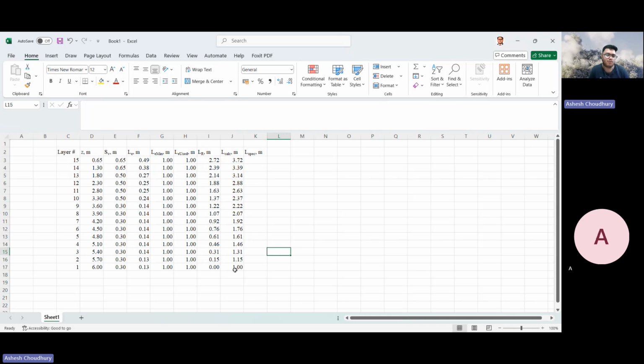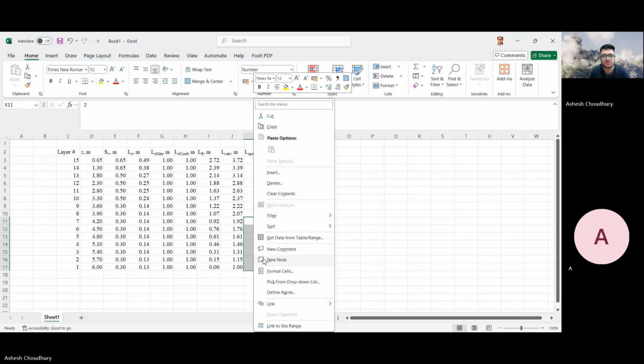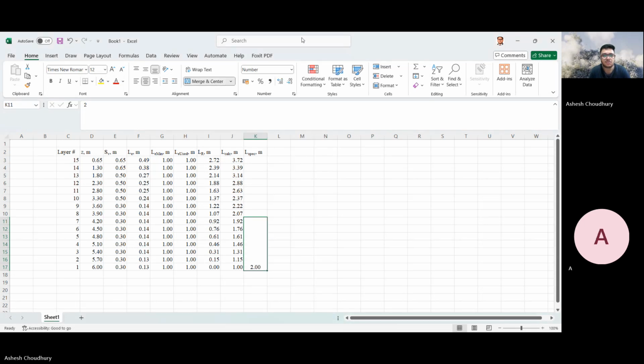So see, from here to here, I can use 2 meters. I can use 2 meters; minimum this much L I have to use, but I'm using 2 meters. Now from here to here, I can use 3 meters.